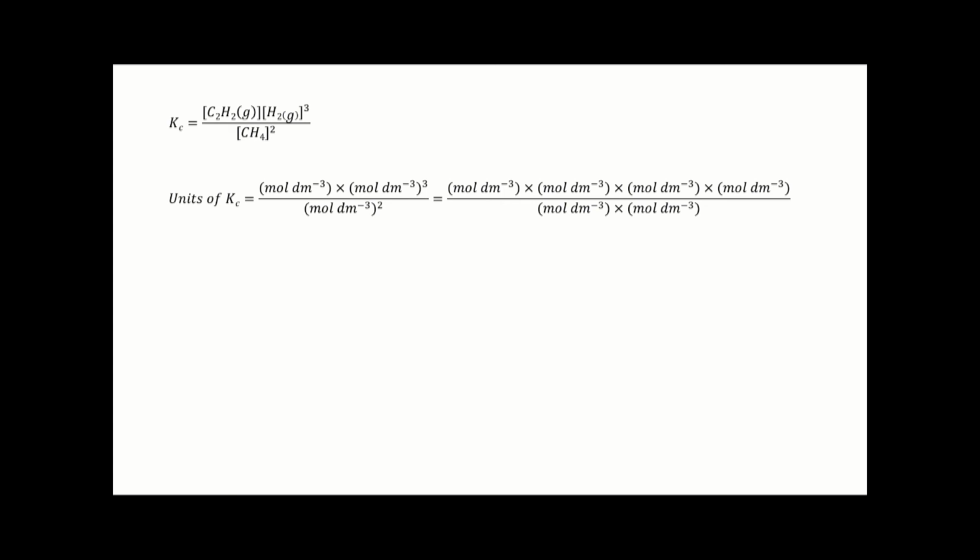So if we cancel out, we end up having moles per decimeter cubed times moles per decimeter cubed left on the top. And so if we multiply moles and moles together, we get moles squared. And if we multiply decimeters cubed by decimeters cubed, because we're multiplying indices together, we're going to add -3 to -3, which gives us -6. So moles squared decimeters to the -6 gives us our units.